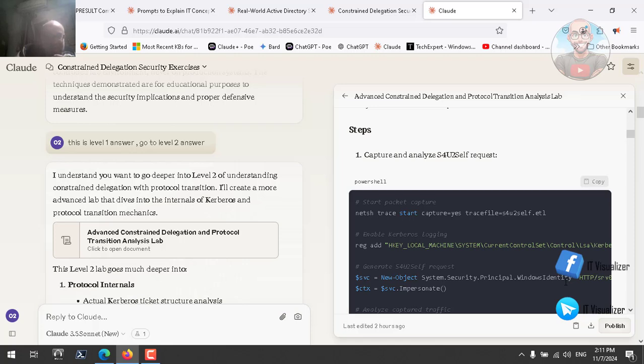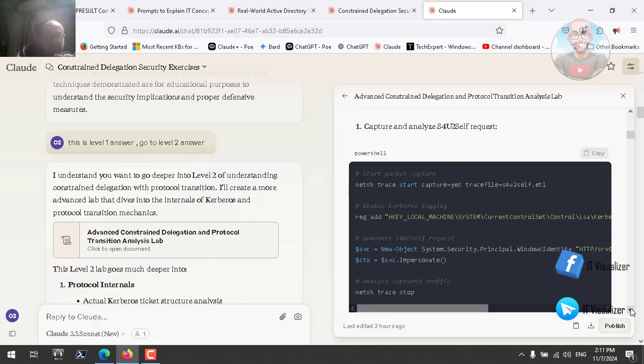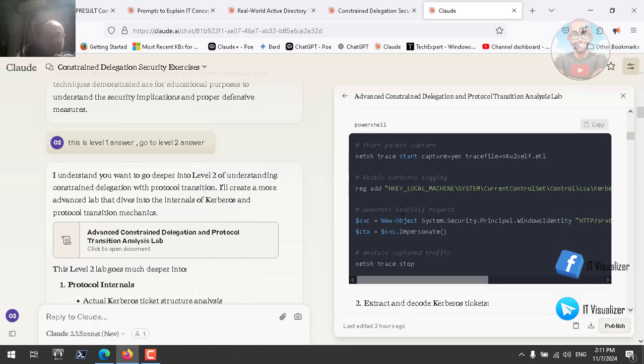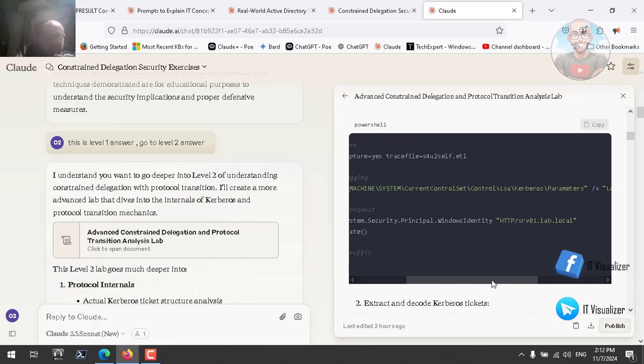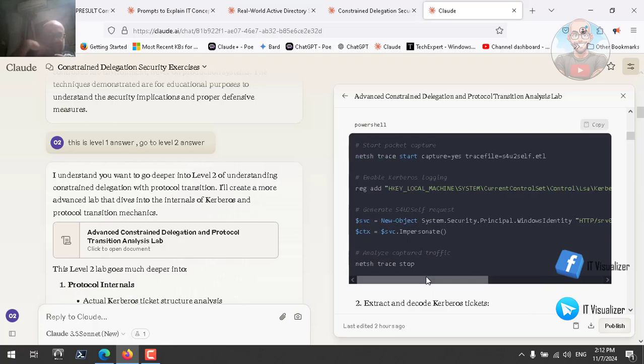So these are very advanced techniques. If we go further, we will see generate... I don't know what it is actually. This one, but it is netsh trace stop. I think maybe all of this is done using PowerShell.